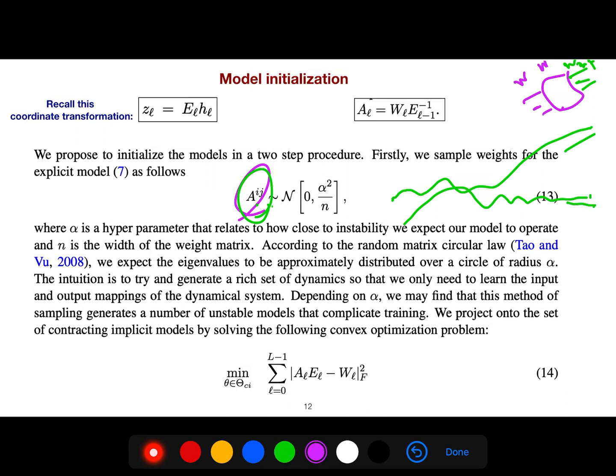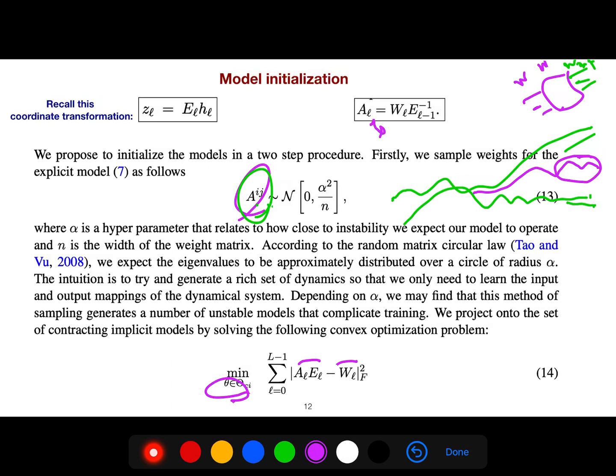We want something normal, something in between, that has good stability properties but is also good for training our recurrent neural networks. In order to make sure that our initialization does not ruin everything, we design theta such that our AE is equal to W.